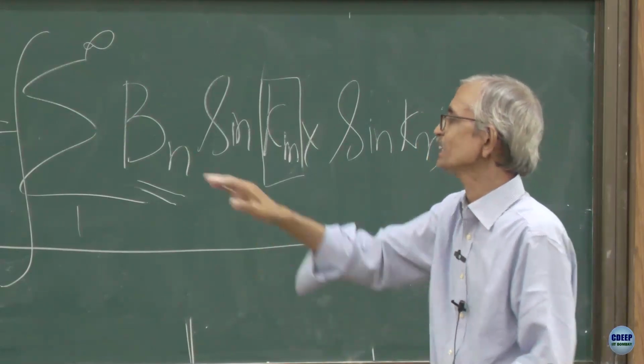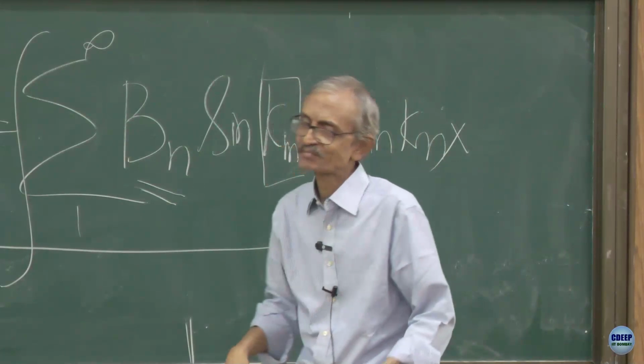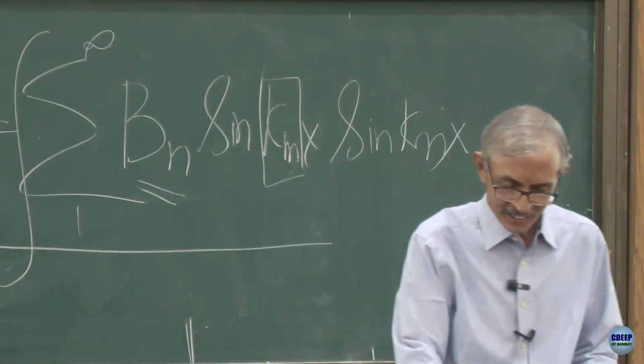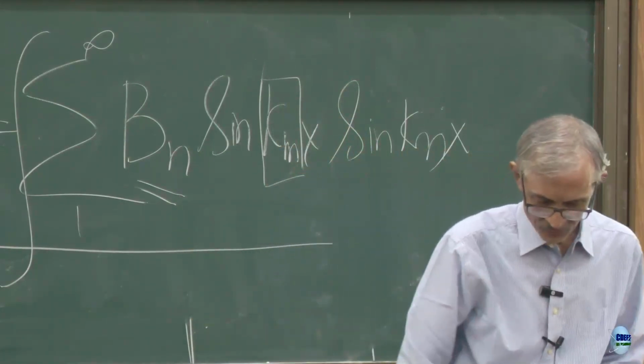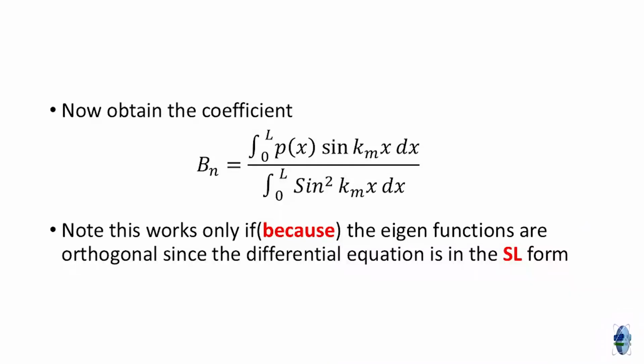I'm anyway brute force doing it. I'm just saying you believe me and go ahead and get the Bn. But before we go ahead and say that this is going to be valid, there is something else that we are needing before we can go ahead and do this. I'm doing this, right? And I'm putting certain things in red here.